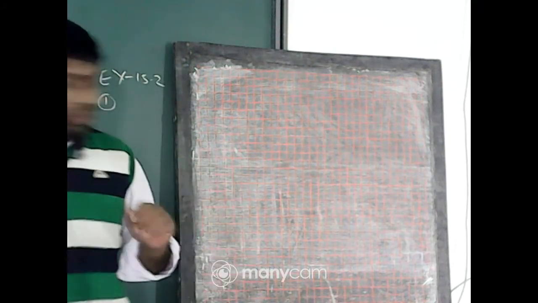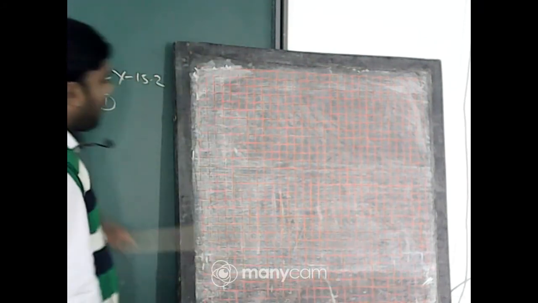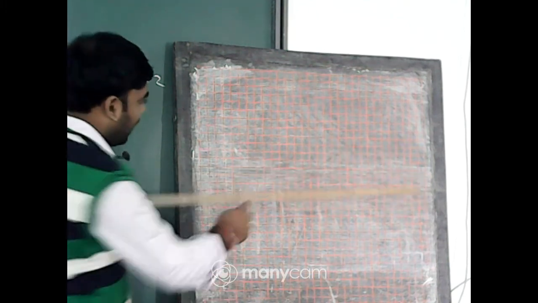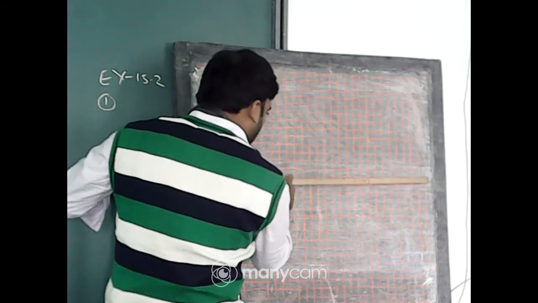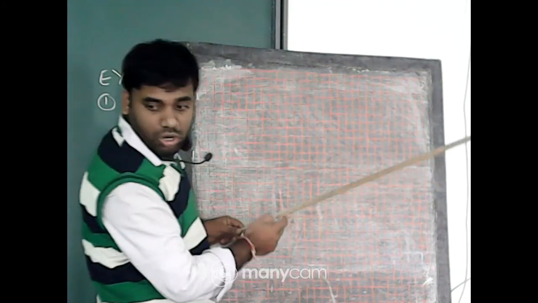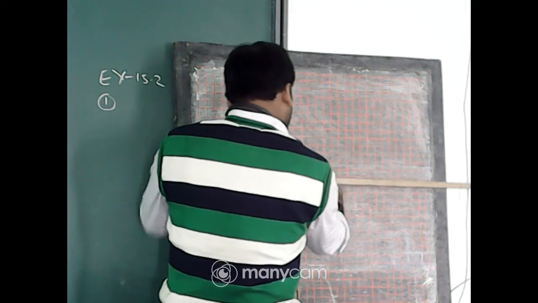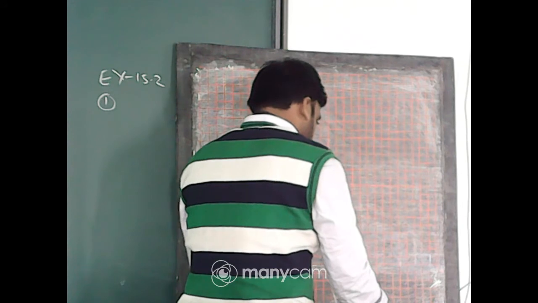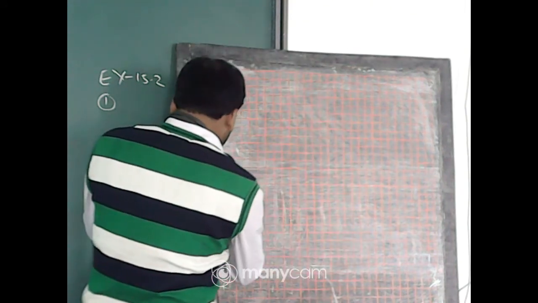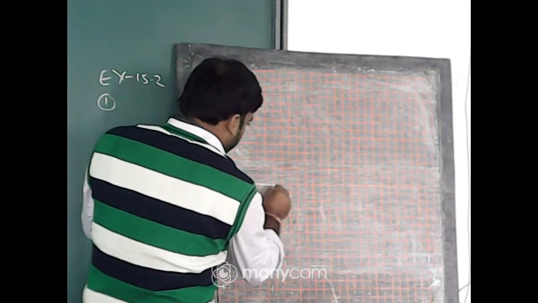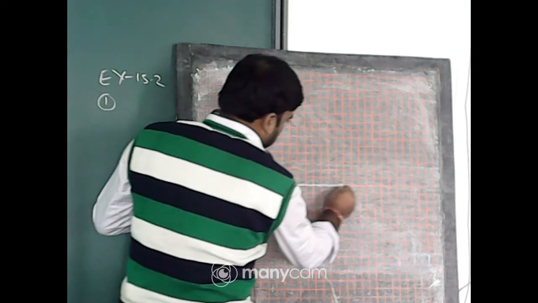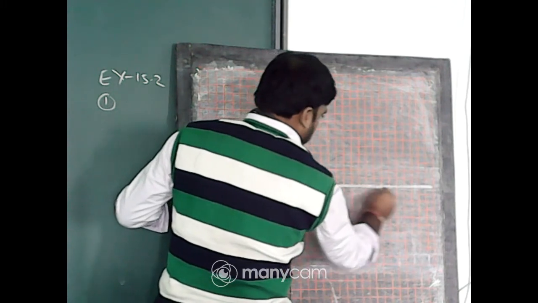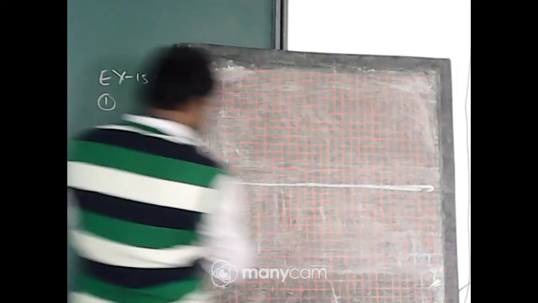First of all, in the middle of the graph paper, you can draw a line. I have drawn a vertical line and a horizontal line.